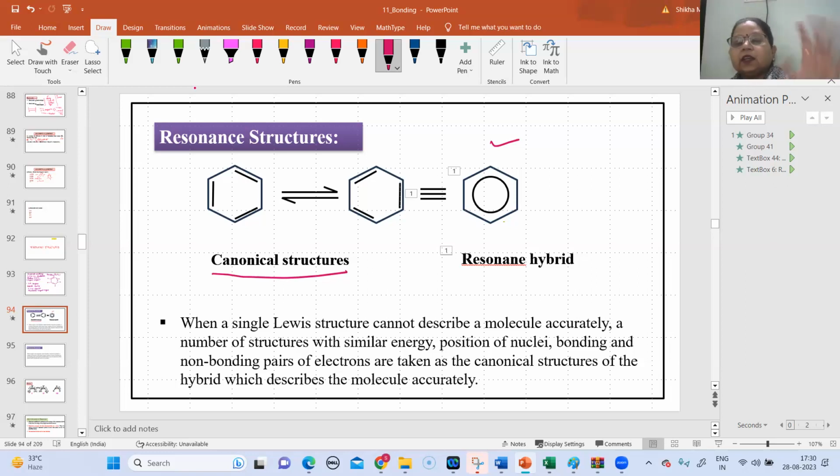Till now, you were having a specific structure related to things. We said that methane has sp3 hybridization, water has bent geometry, so those were fixed. In the cases of both methane and water, the structures and properties were matching.